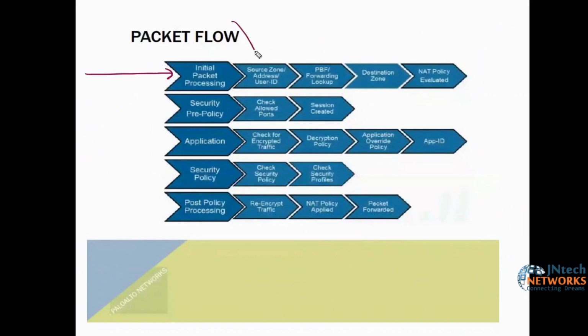Your firewall will verify which source zone and source address the traffic is coming from, then routing table information, destination zone information, NAT policy evaluated, check allow port, session created, and now NAT is applied, source NAT or destination NAT, and then the packet is forwarded to the egress interface.